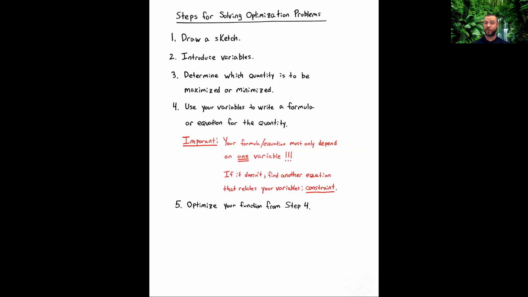Now you have a function of one variable, and you can apply your optimization procedure: find its derivative, find the critical points, and proceed from there. A lot of the questions we look at, for whatever reason, usually work out to have only 1 or 2 critical points, so it's very easy to check which correspond to the absolute maximum or the absolute minimum.